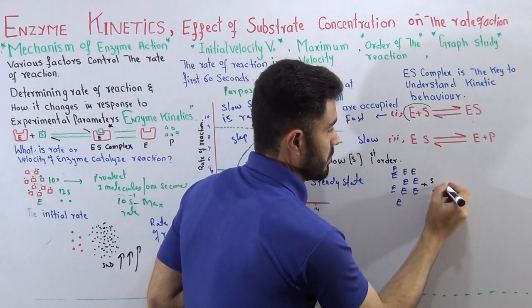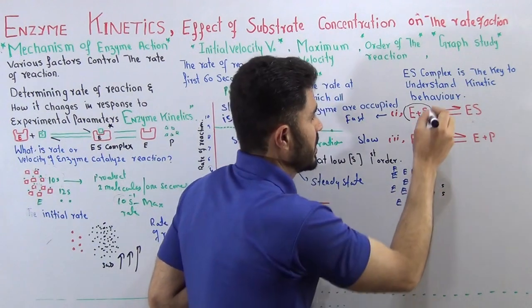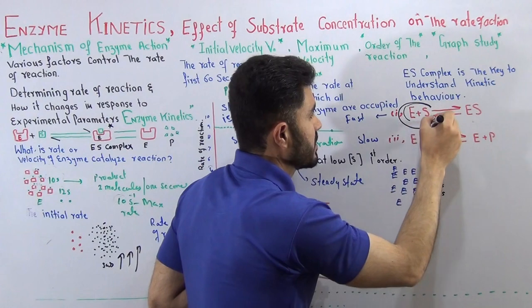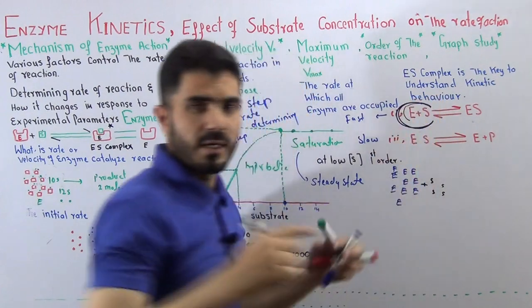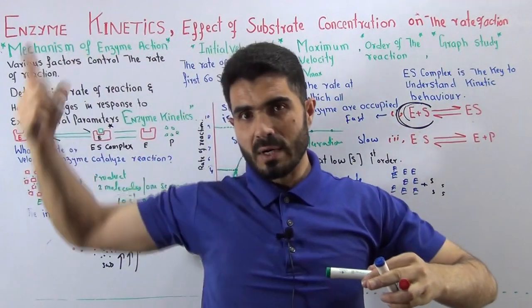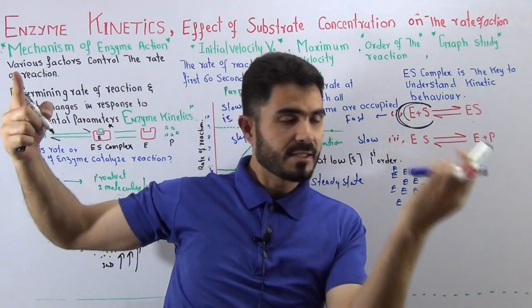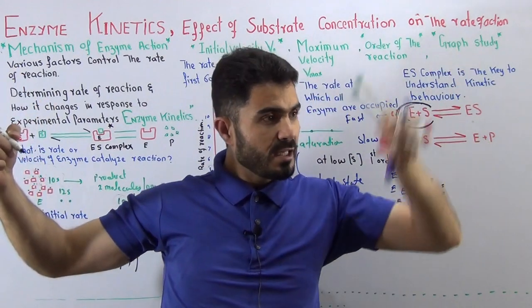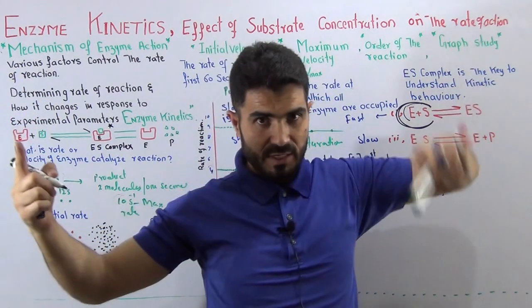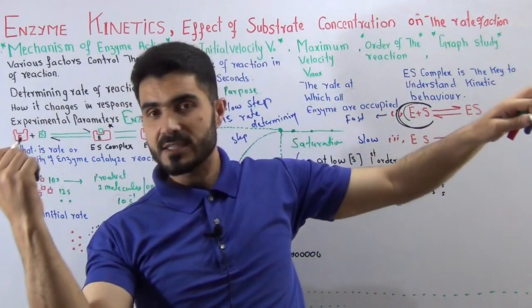If I increase the substrate molecule from 2 to 3, or from 2 to 4 substrate molecule, then this side will become increased. In a reversible reaction, if you increase one side, as a result the reaction will go on that step. If you increase something on that side of the reaction, the reaction will go at the reverse step.